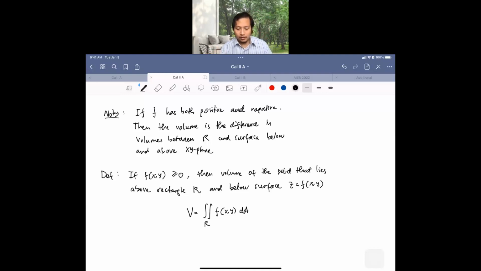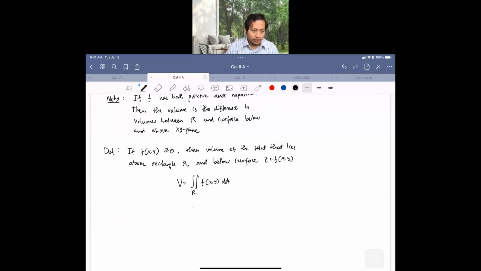The practical take for this volume, for example, if I write f of x, y, and then dx dy, or dy dx, depends on the case. If this is a, b, c, d.